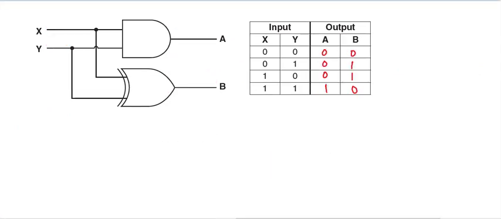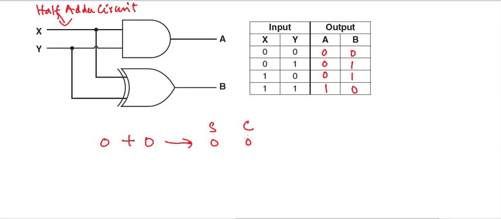Okay, let me quickly explain why we call this circuit the half adder circuit. Now for example, in binary, if you were to add 0 plus 0, what would be the sum value? You'll get 0 as the sum and you'll get 0 as the carry.